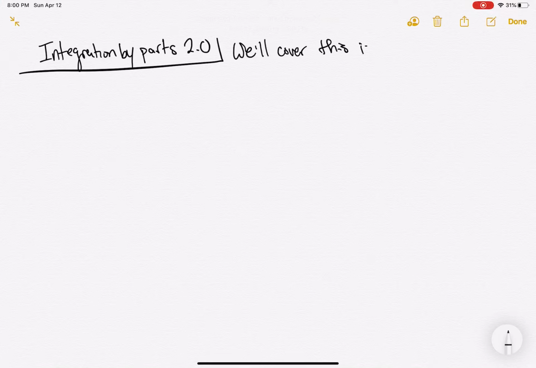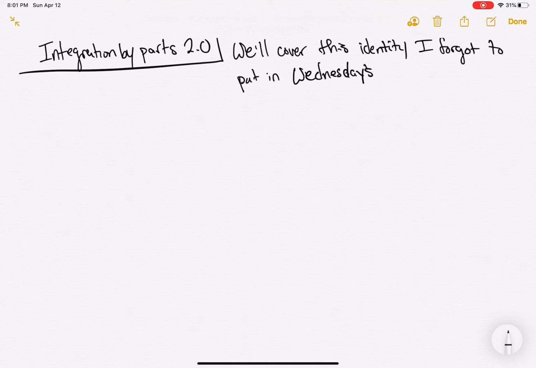So we'll cover this identity I forgot to put in Wednesday's video. But hopefully it was in the PDF, and hopefully you guys found it because you needed it briefly on the very last homework problem.